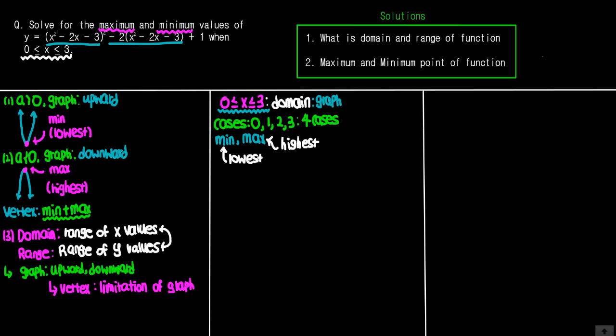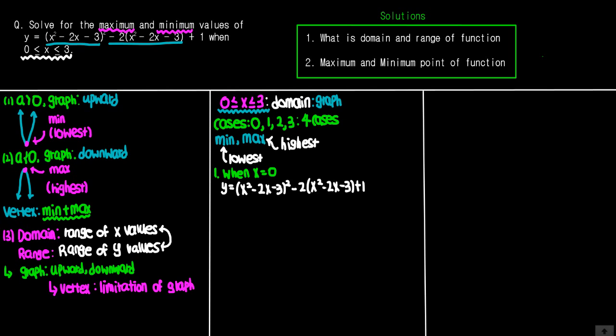So first of all, let's think about the case when x is equal to 0. When x is equal to 0, our quadratic function will turn into, let's write our function down, y is equal to x squared minus 2x minus 3, all squared, and then minus 2 times x squared minus 2x minus 3, and then plus 1.